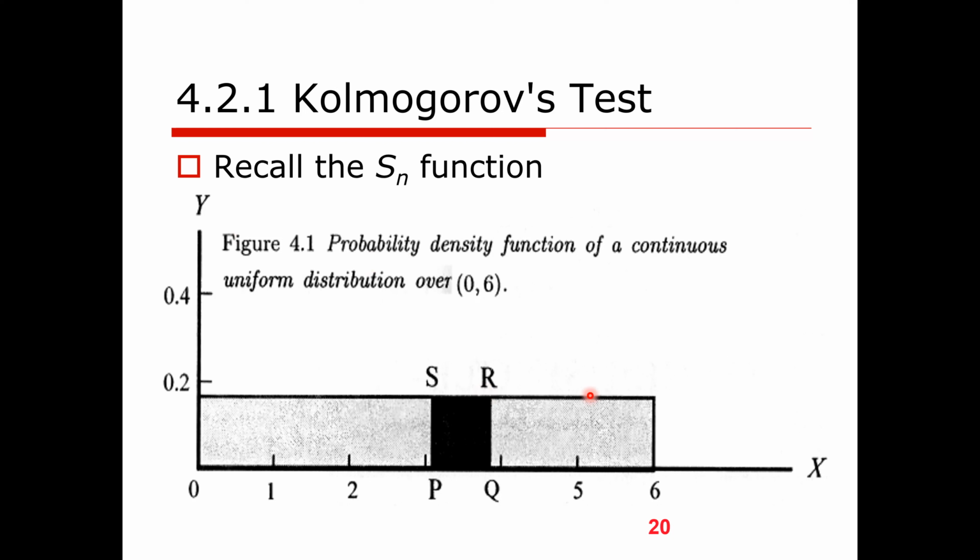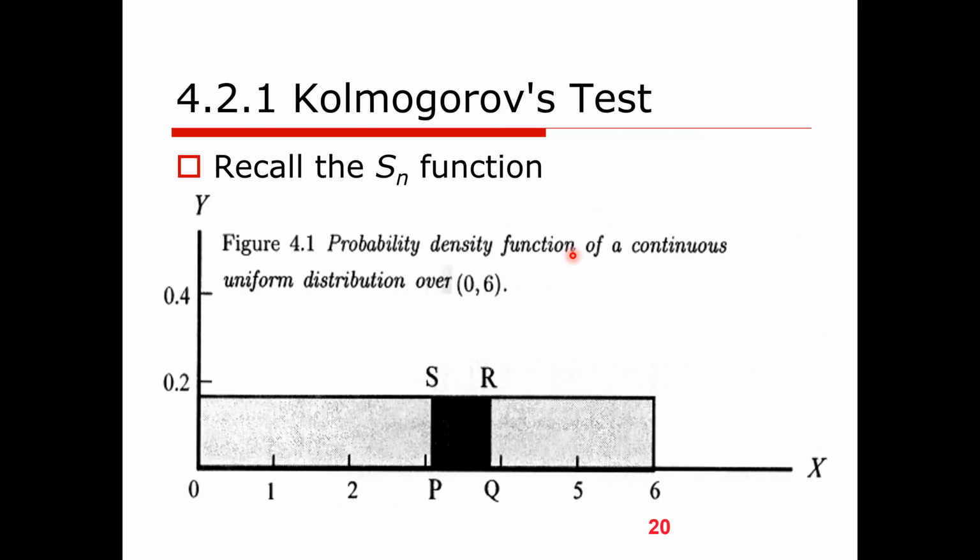So let's say we have a continuous uniform distribution over 0 to 6. This is from the example where the thread can break anywhere, and this value is the distance between one end of the thread and the break location. Anyway, we hypothesized it is a uniform distribution, so this value can be anywhere between 0 and 6, and it is a continuous distribution.